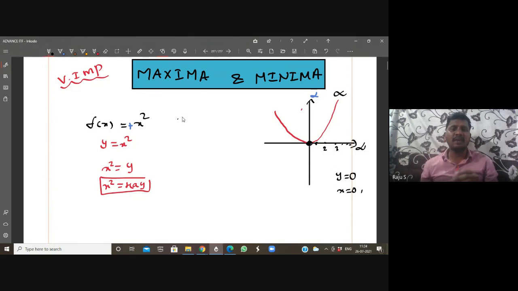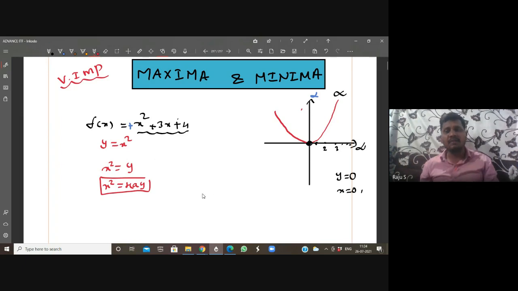If I take x minus 1 the whole square, or x square plus 3x plus 4, this is also a quadratic equation. Every quadratic equation represents a parabola, and it is also u-shaped. Depending on the equation, we get different minimum values. First, tell me whether a quadratic equation will give a minimum or a maximum.